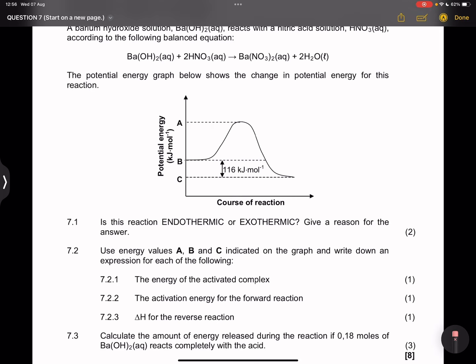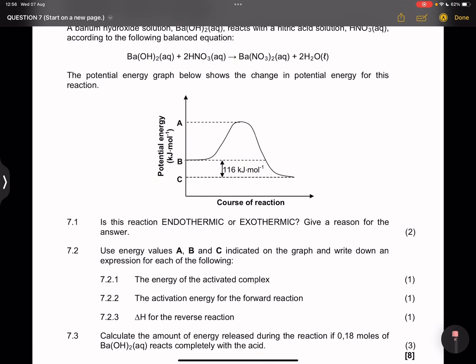So what type of reaction is this? Definitely it will be an exothermic reaction. There's more energy that is released than is absorbed in this case. So therefore, we know that it's an exothermic reaction.